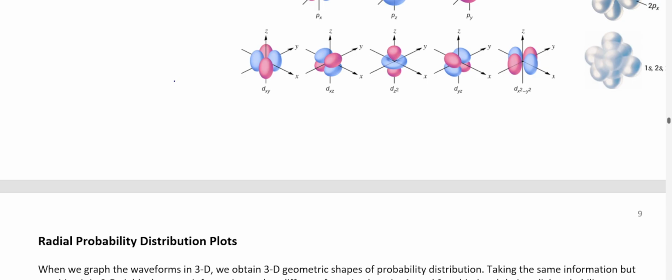And each of these exist. So there's one where the antinodes are along the XY plane, one where the antinodes are along the XZ plane. There is this one right here, the dz squared, where we have antinodes oriented along the z-axis. YZ, where we have antinodes along the YZ plane. And then this one right here, where the antinodes are directly on the x and y axes.